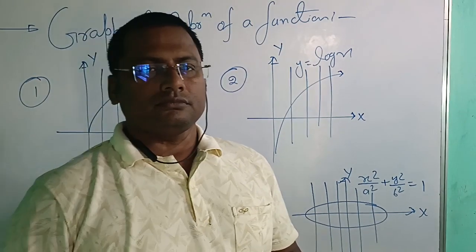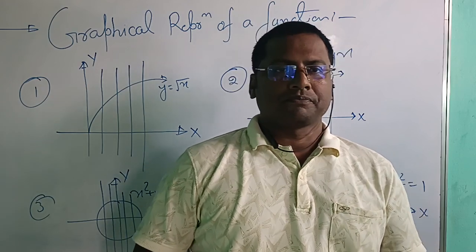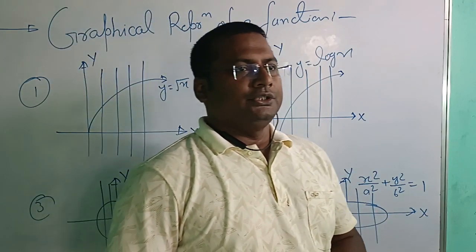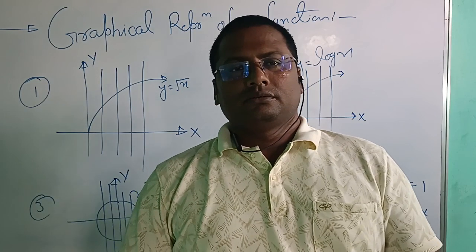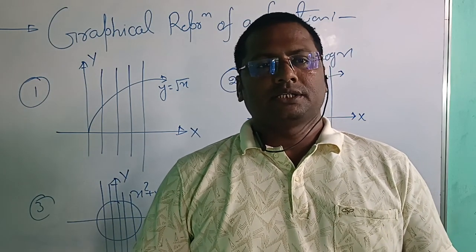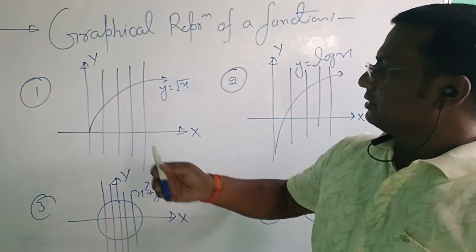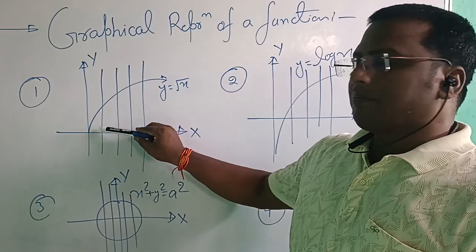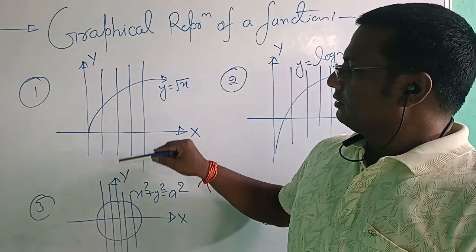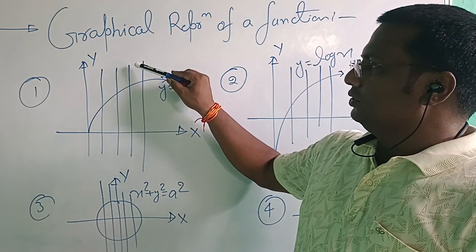Now, graphical representation of a function. How can you check whether it is a function or not a function? By sketching the graph of the function. Here this is the graph of y equal to root x. Here corresponding to each value of x there exists only one value of y.